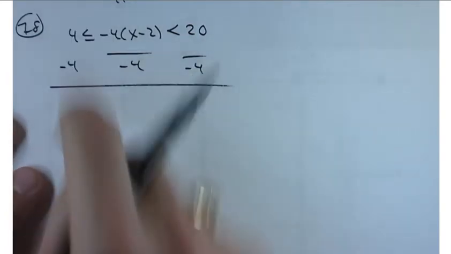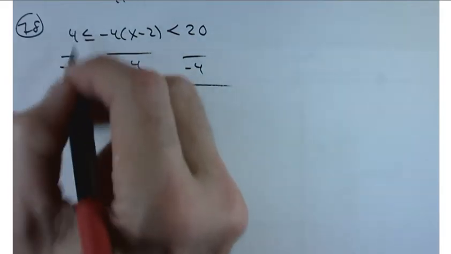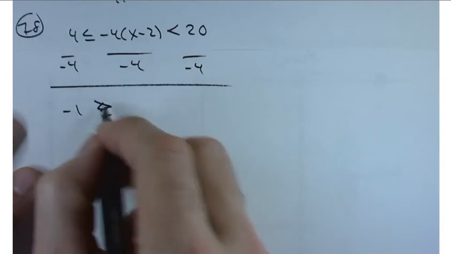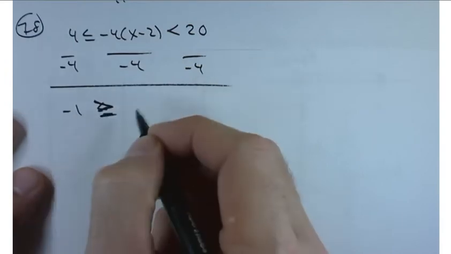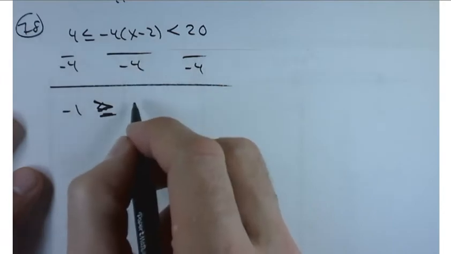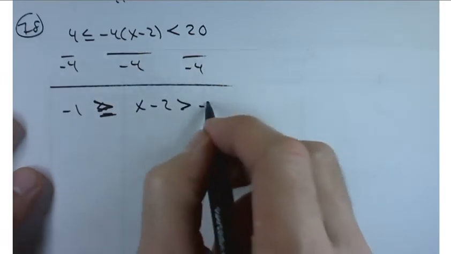If you divide it by negative 4, 4 divided by negative 4 gives you negative 1. Reverse the direction of the inequality. And then negative 4 and negative 4 here cancel. You're just left with x minus 2 is greater than negative 5.